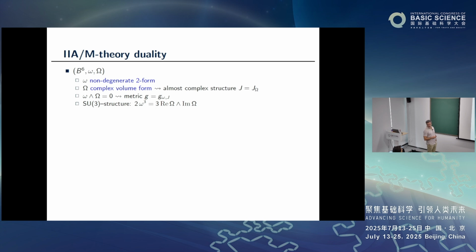Capital omega is a complex volume form, and the complex volume form determines the almost complex structure J. These forms satisfy some algebraic constraints. The first one says that little omega wedge capital omega is 0, or in other words, little omega is of type (1,1) with respect to J.